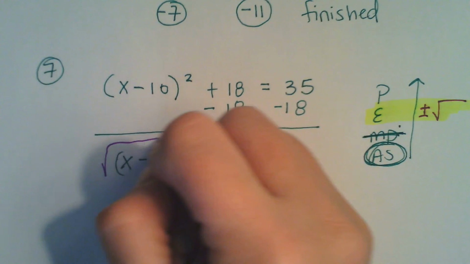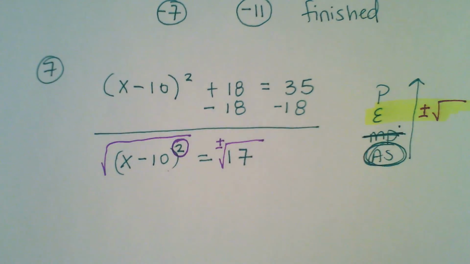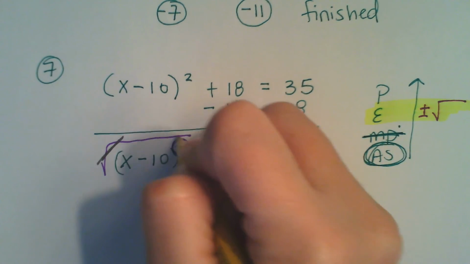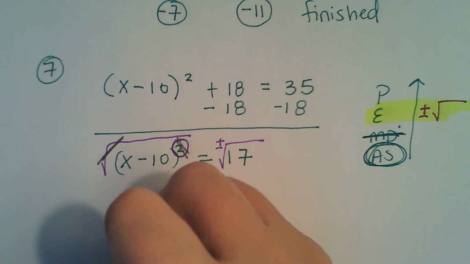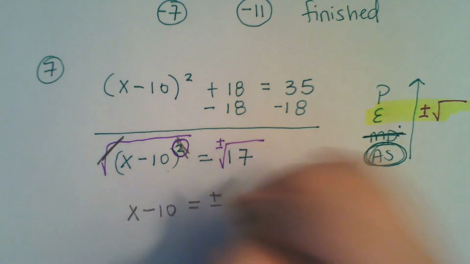So I square root over here, plus and minus, square root here. The square root cancels the exponent, leaving me with x minus 10 equals positive and negative.